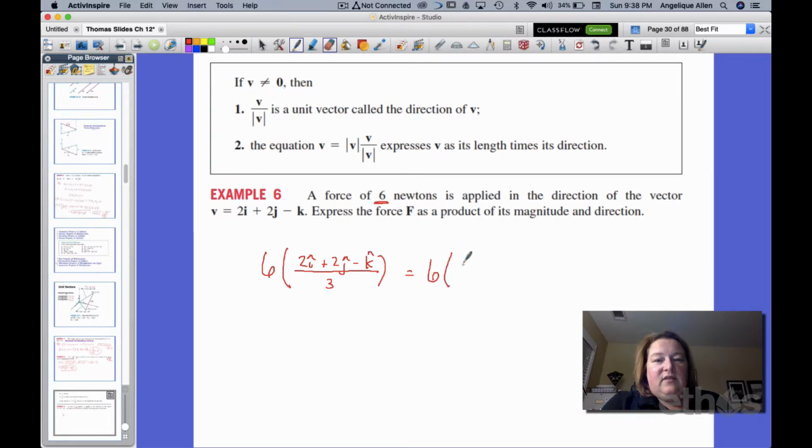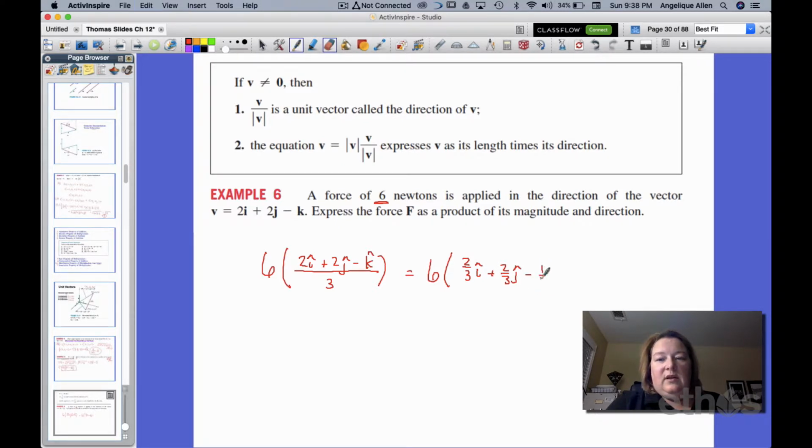We want to leave the 6 out front, but we have to call this 2/3 i plus 2/3 j minus k over 3, or 1/3 k. I think I prefer to see the 1/3. It's less confusing.